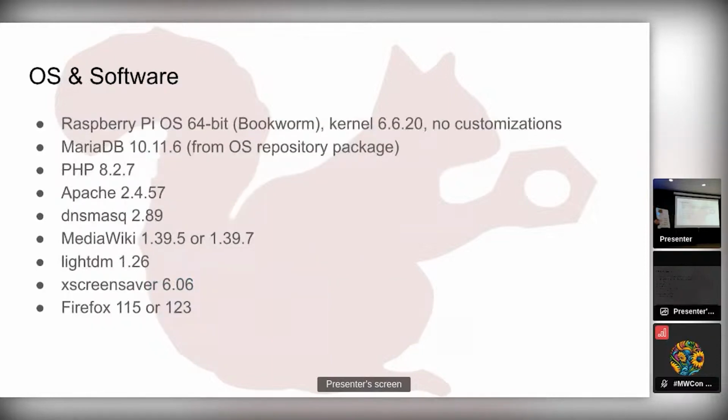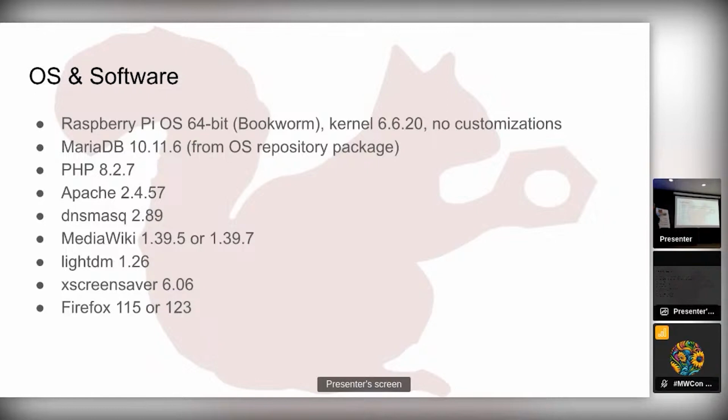The operating system and the software, we tried to make it as simple as possible so that if we aren't around or if something happens and we do get called back 5 years from now, we can take a look at it and it's as close to stock as possible. So just a plain Jane Raspberry Pi OS.